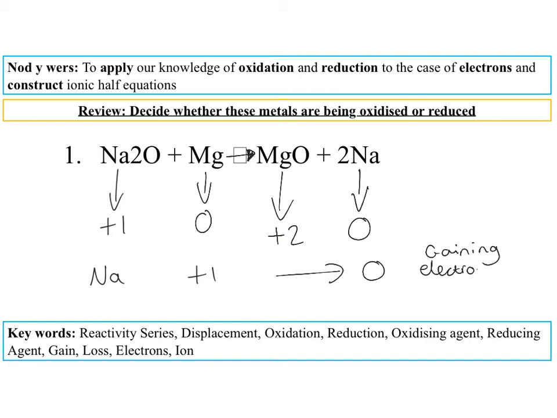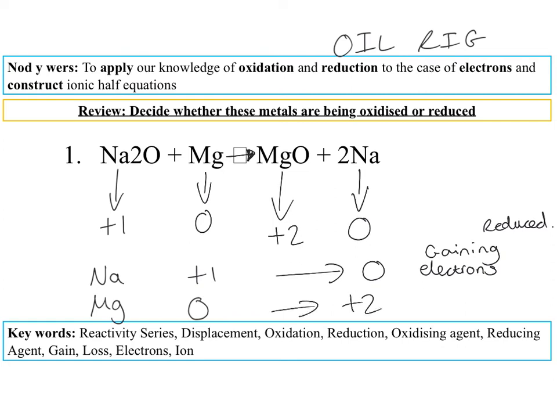And if you think about OIL RIG, oxidation is loss, reduction is gain, so it's being reduced. Whereas magnesium goes from 0 to 2+, so it's lost electrons because it's now got a positive charge, so that means it's been oxidized.